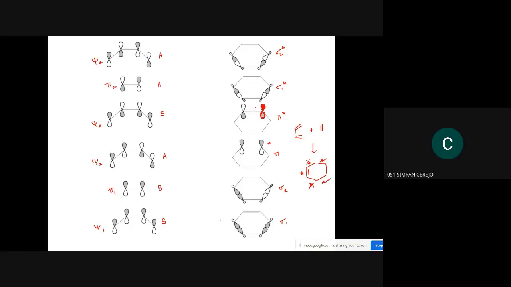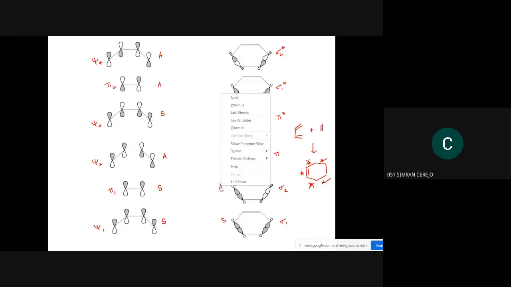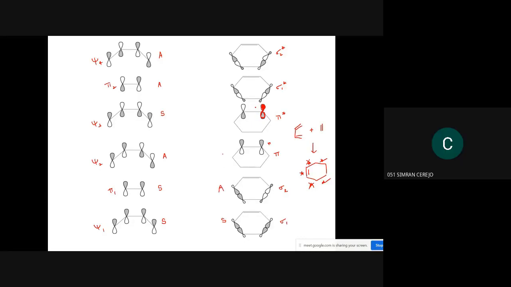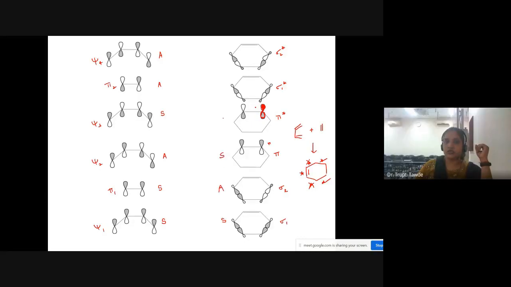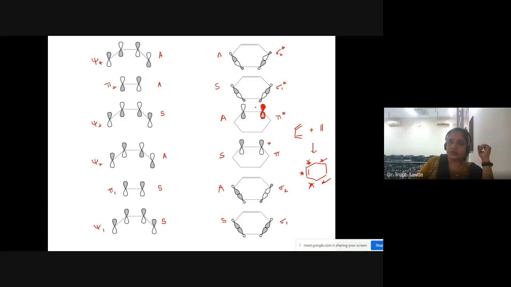Symmetric, then asymmetric, and then symmetric. Asymmetric, symmetric, asymmetric.